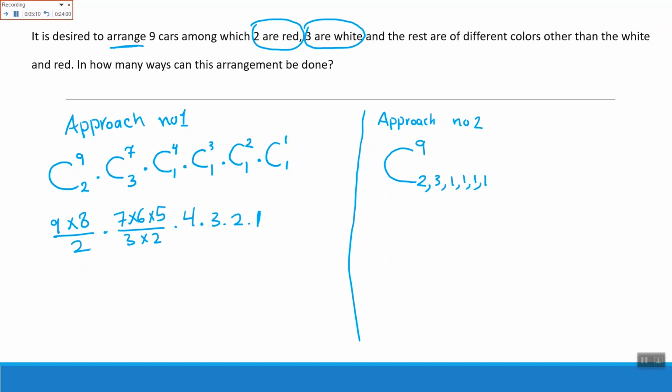We cancel what's possible. 2 with 8, we get 4. 3 times 2 with 6. So the answer that we get is going to be 9 times 4 times 7 times 5 times 4 times 3 times 2. 9 times 4 is 36. 36 times 35, then times 4 times 3, which is 12, times 2, 24.